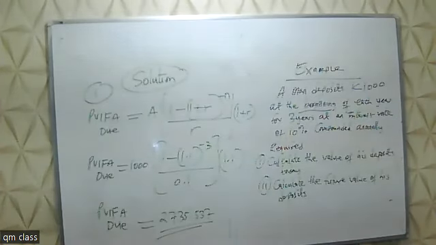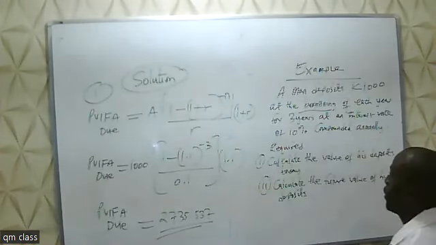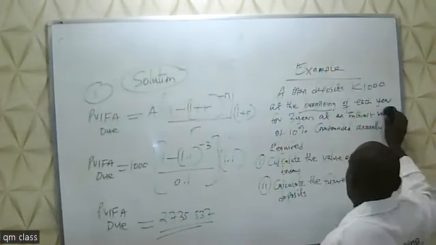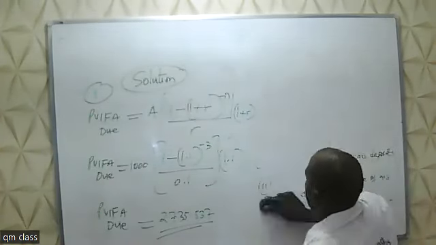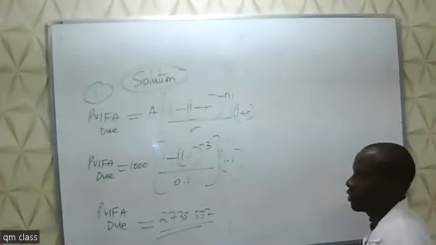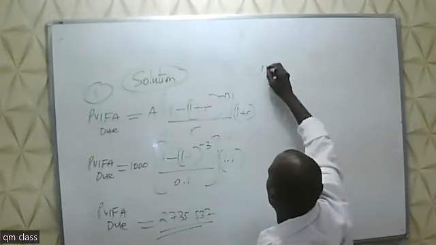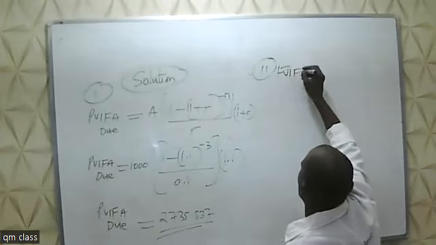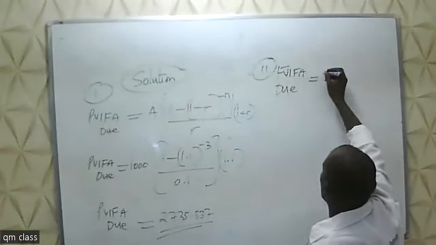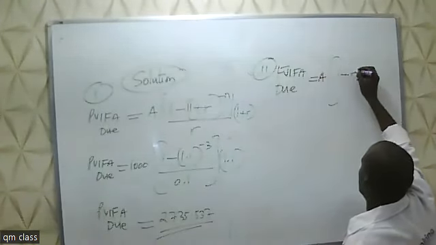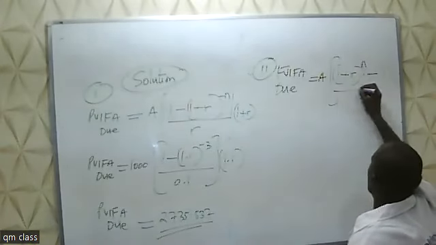Now the solution, part 2, as we wrap up on the future value of the deposits. The future value interest factor annuity due is equal to the amount times (1 plus r) to the power n minus 1, over r.